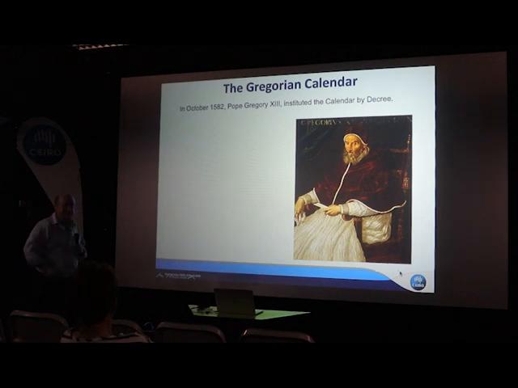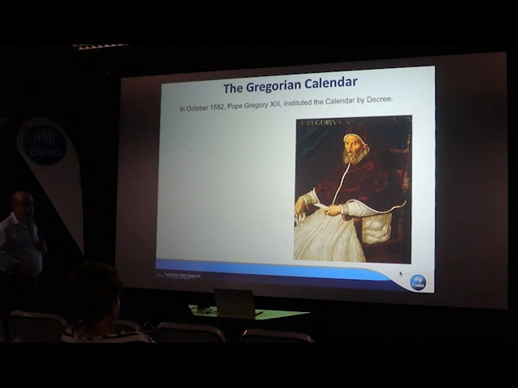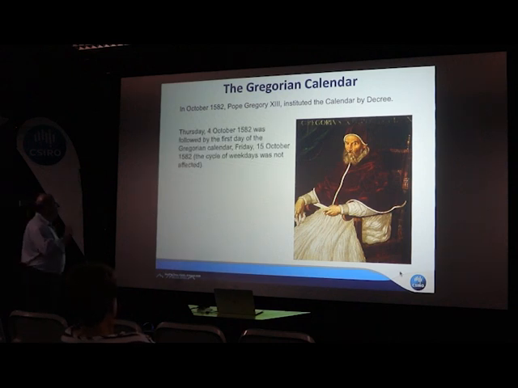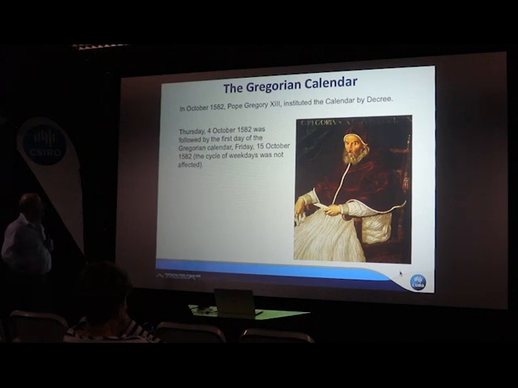The King of England couldn't have done it. But the Pope had sufficient authority to do it. And so, Thursday the 4th of October, 1582, was followed by the first day of the Gregorian calendar, which was Friday, the 15th of October, 1582.